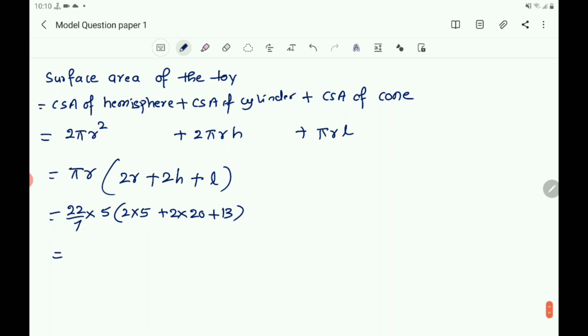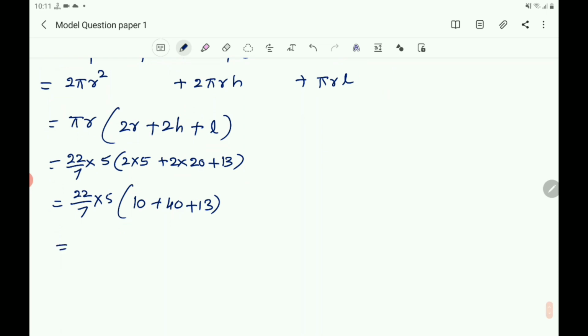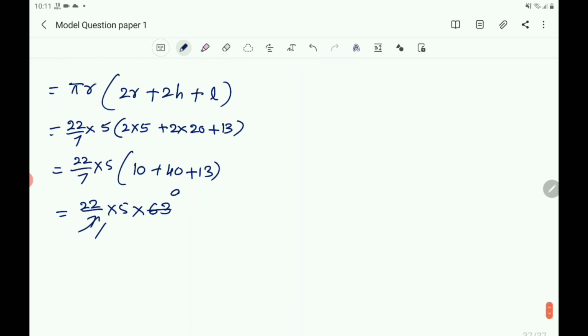Now it is 22 by 7 into 5 into, 2 5s are 10, plus 2 20s are 40 plus 13. Then it becomes 22 by 7 into 5 into sum of this. 40 plus 10 is 50. 50 plus 13 is 63. Then 7 ones are 7, 7 nines are 63. Then 22 into 5 into 9.